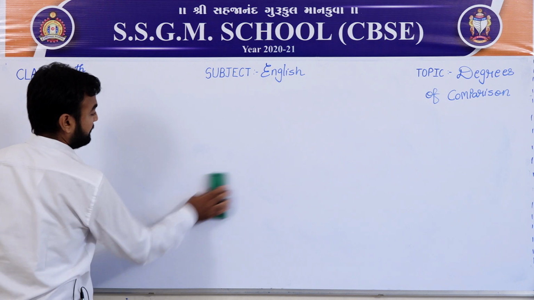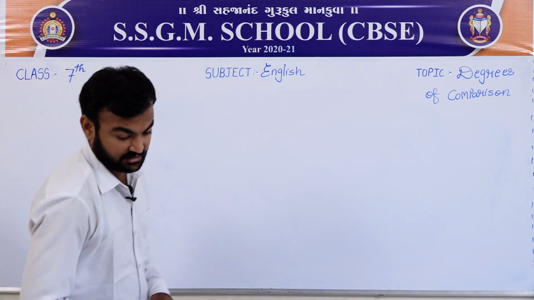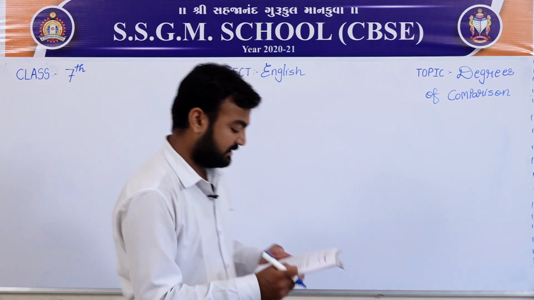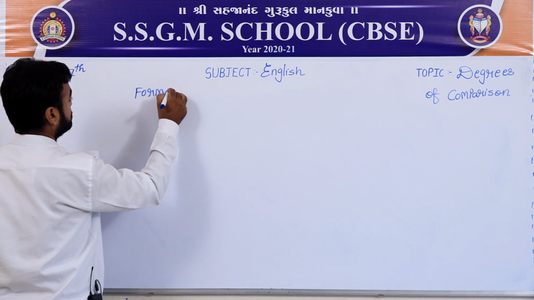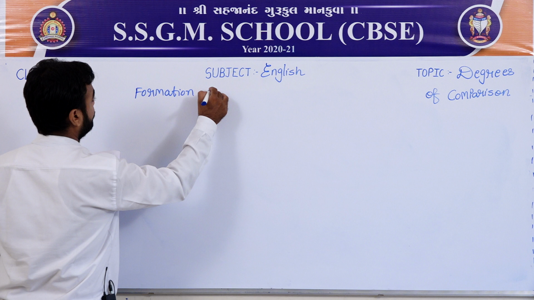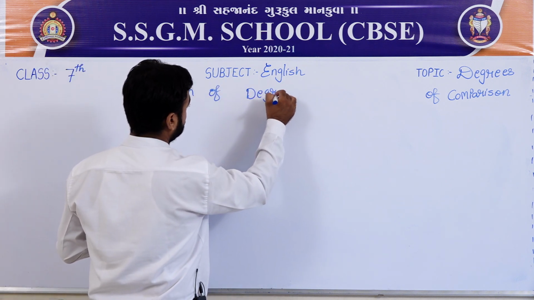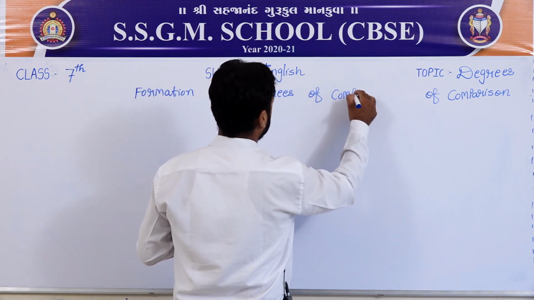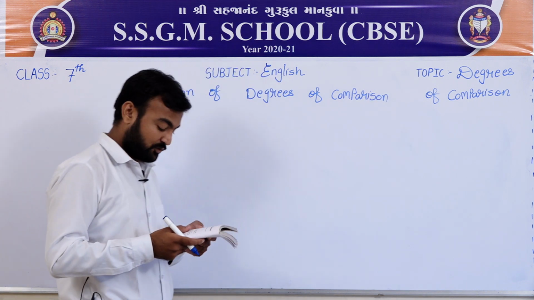I'm going to explain one, rest you have to complete by yourself, that is formation of degrees of comparison. Give heading formation of degrees of comparison. How these degrees are formed.